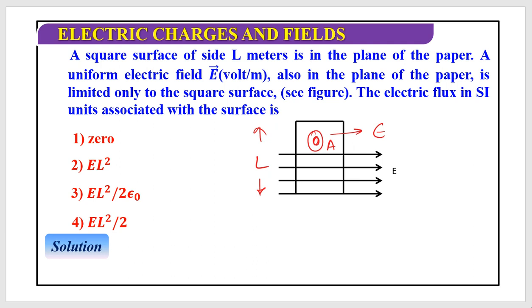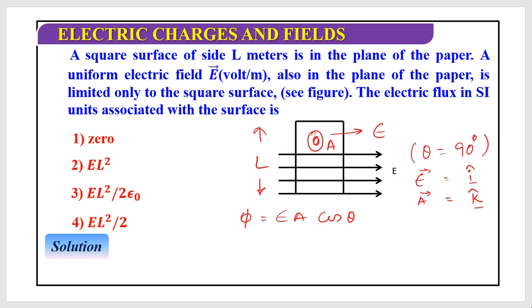So flux is equal to E a cos theta, and theta would be 90 degrees, because the electric field is in the i cap direction and the area vector is in the k cap direction.